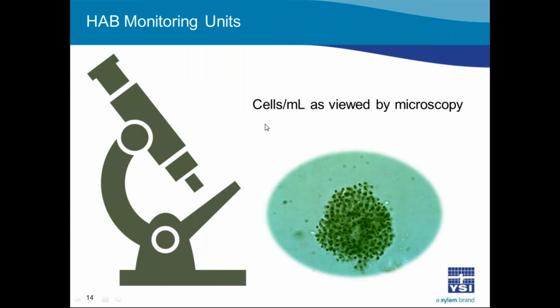Another unit that you will often see is called cells per milliliter. That's different than CFUs per milliliter because this is derived from typically microscopy. This is what Microcystis aeruginosa, one of our favorite blue-green algae again, looks like under one type of microscope.